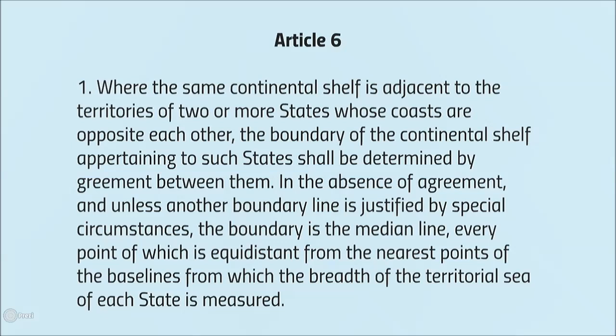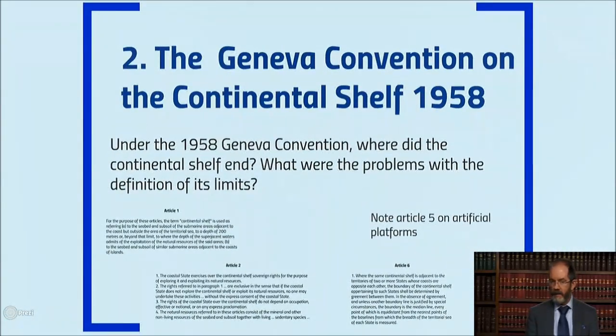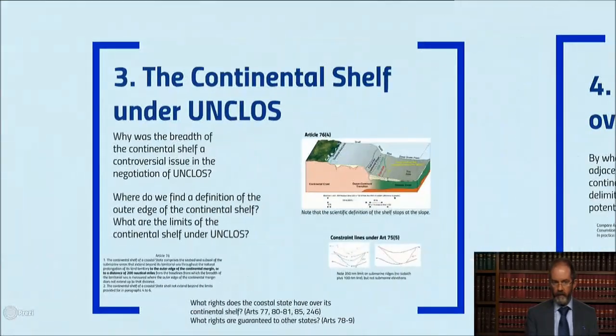And this is actually the general principle of delimitation in the modern law of the sea, that you start by drawing a median line, a line based on equal midpoints between two coastlines, and then adjust it according to special circumstances. And you're drawing that median line, obviously, from the baselines of the two states with opposing coastlines.